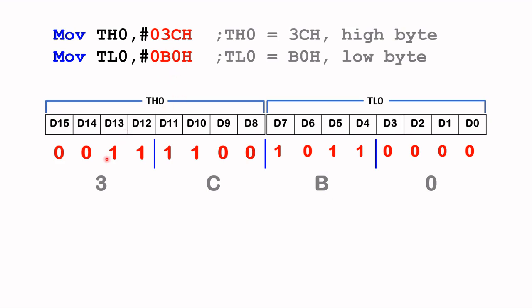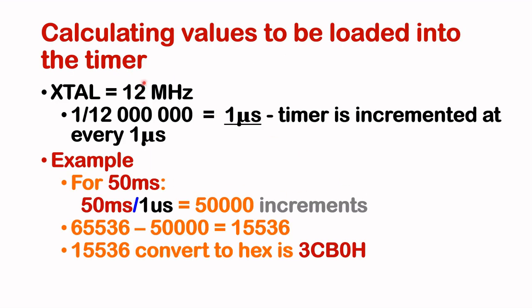But how did I arrive at this value 3CB0? All right, so let's take a look at calculating the values to be loaded into the timer. Now, for the original 8051, I'm going to assume that I'm going to operate my controller at 12 megahertz. So it's 1 divided by 12 mega, or 12 million. That will give us 1 microsecond.